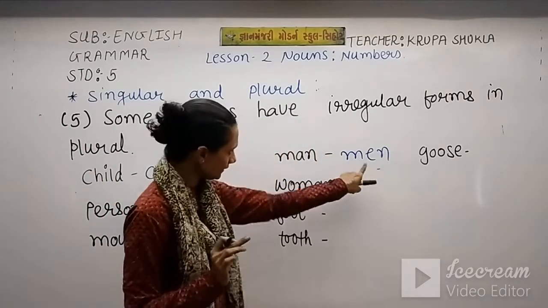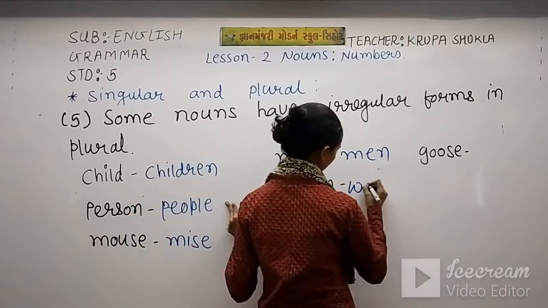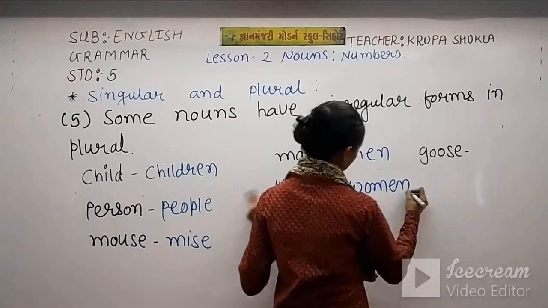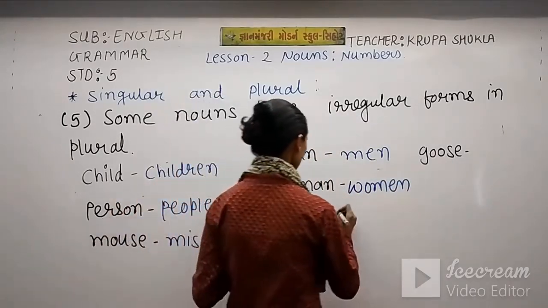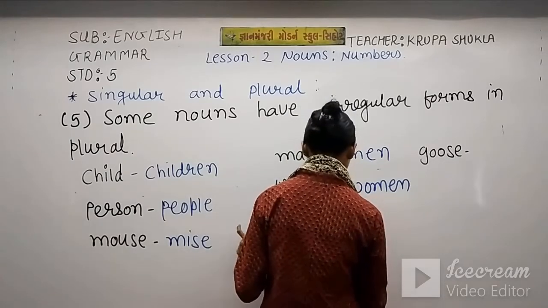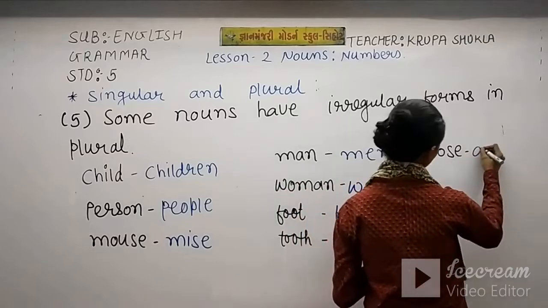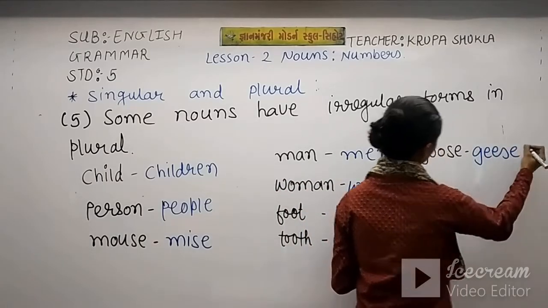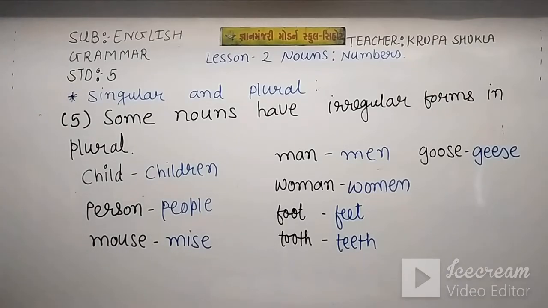Here only you need to change the A to E. Woman becomes women. See, it is not woman, it is women. Foot becomes feet, tooth becomes teeth, and goose becomes geese. These are the plural irregular forms of nouns.